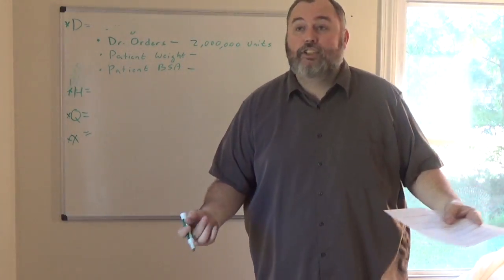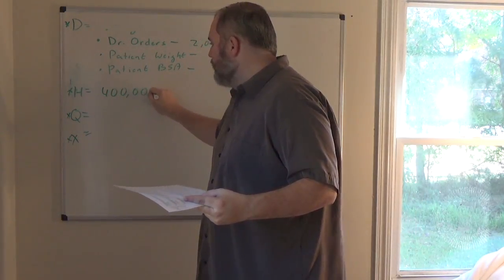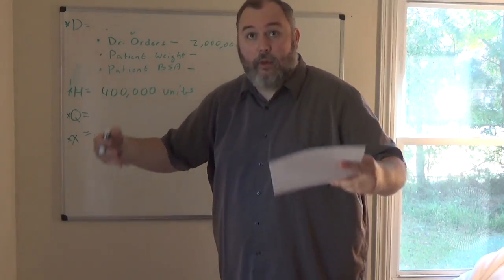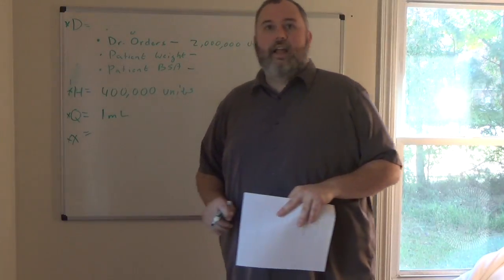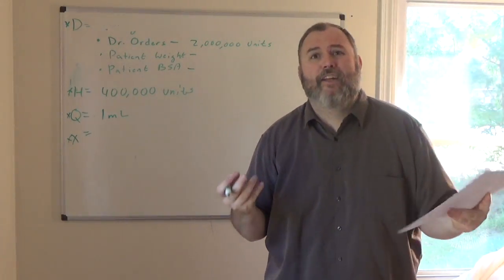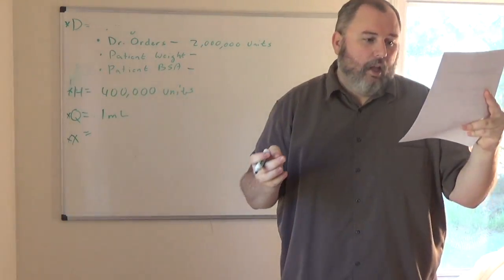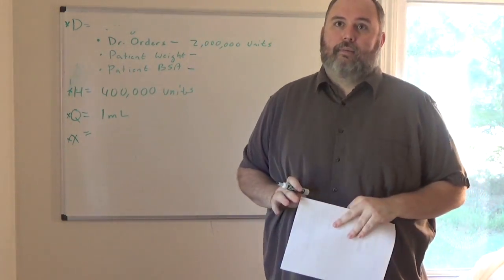I know my first number happens to be my H. And I know that the second, the per ml, is my Q. Now, this is where people say, there's another number there, Mr. Lewis. What do I do with it? There's 8.2. The 8.2 means nothing to you in this problem.